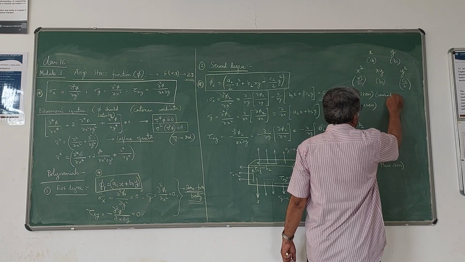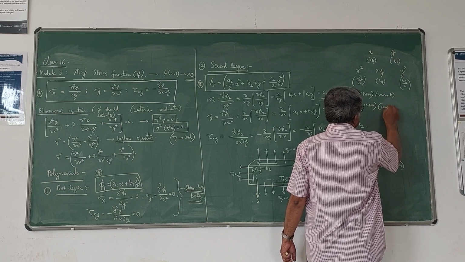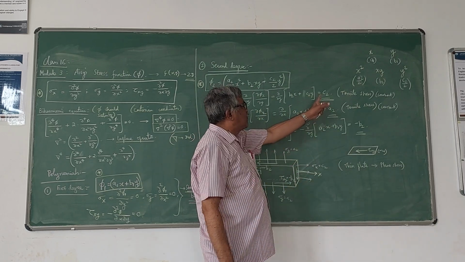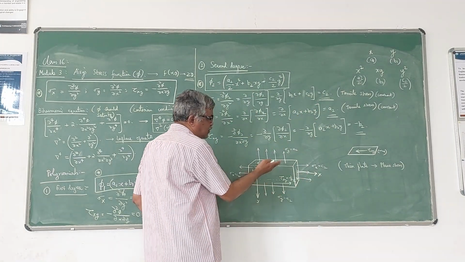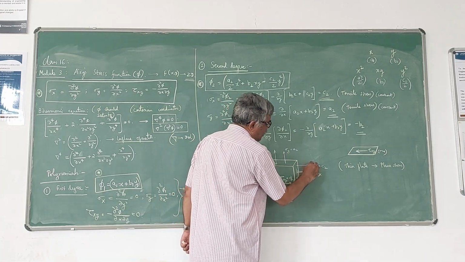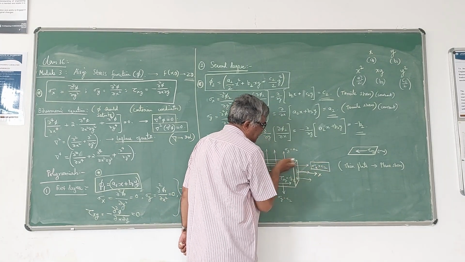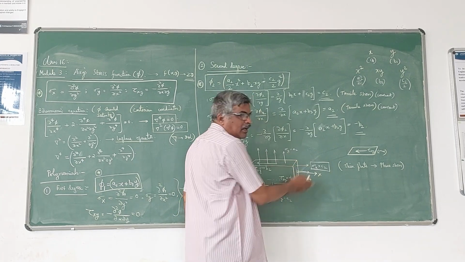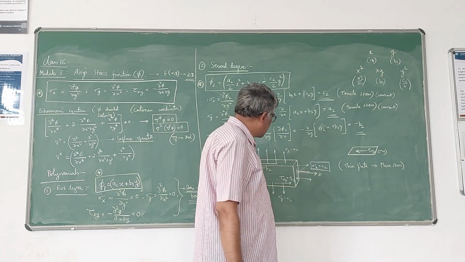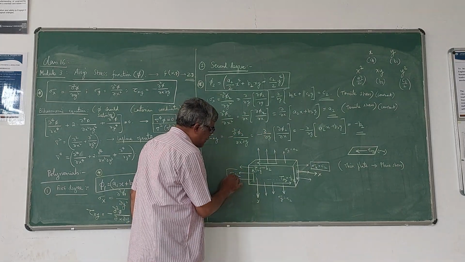So the stress value remains constant in x direction. That is the meaning. And it is tensile in nature because you have got positive value. So how to show that? I have to show sigma x like this. This sigma x is positive value. That means it is tensile. Away from the element you have to show. Its value is C2, it is constant. Similarly, this side also it is same.